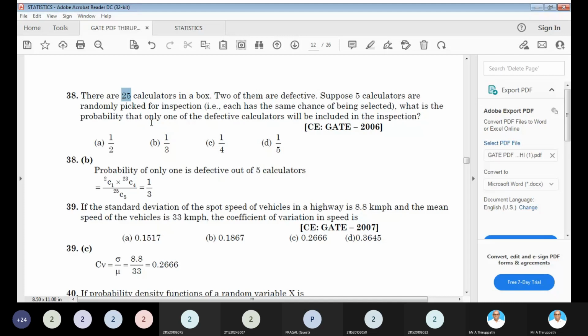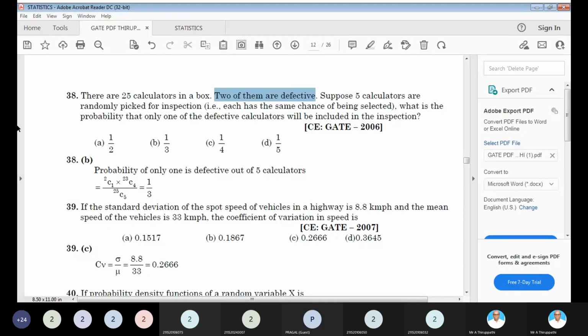What is the probability that only one defective calculator will be included in the inspection? So 5 are selected, only one is defective and the remaining 4 are non-defective.